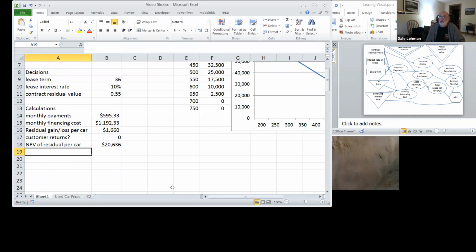Okay. We need to now know the net present value of the monthly net lease revenues.